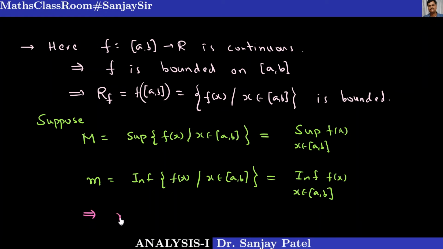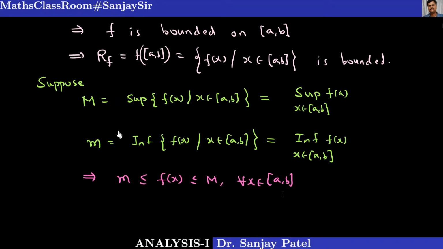This implies, first of all, one note: since small m and capital M are the minimum and maximum value respectively, all values of the function lie between small m and capital M. So I can write this thing: small m less than or equal to fx less than or equal to capital M for every x belongs to closed interval AB.